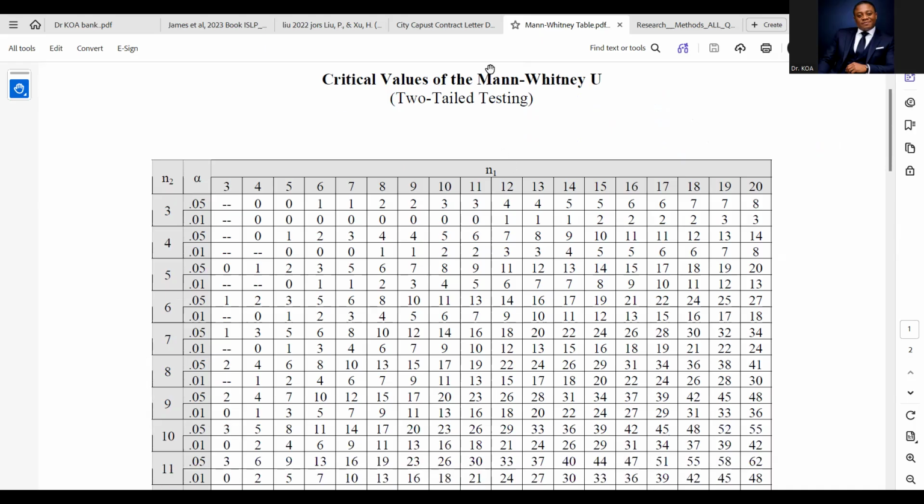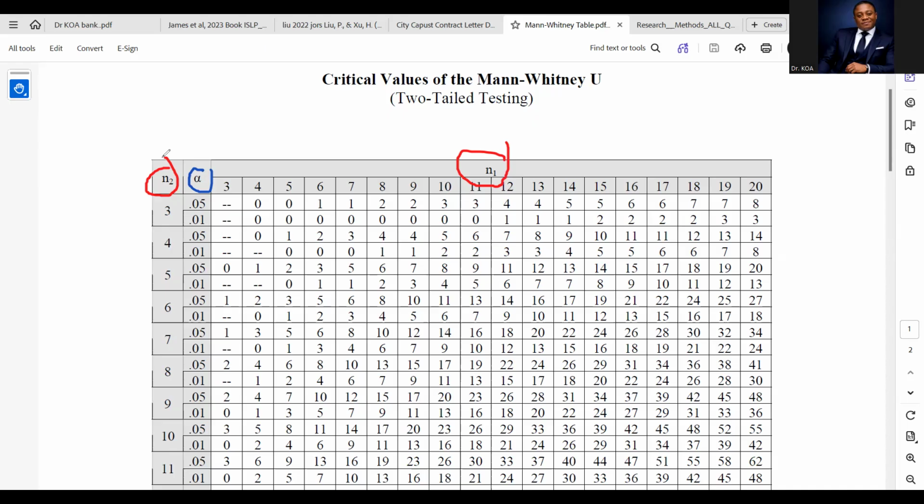Look at the two tail carefully. The alpha is provided here. You will also notice that the N1 is provided at the top and the N2 is provided on the far left. Now, you remember that your value for the N1 is what number? 5. You're going to look for the 5 at the top row.